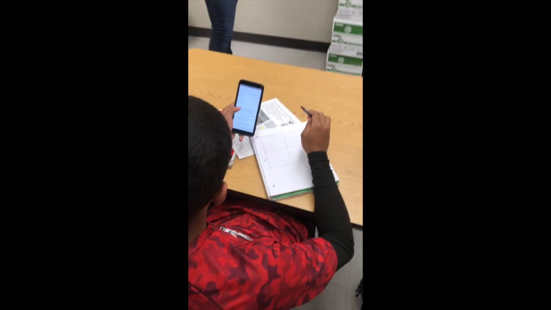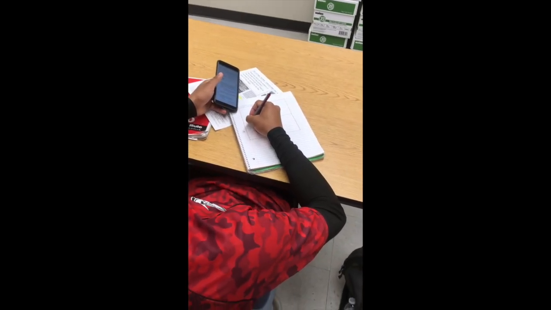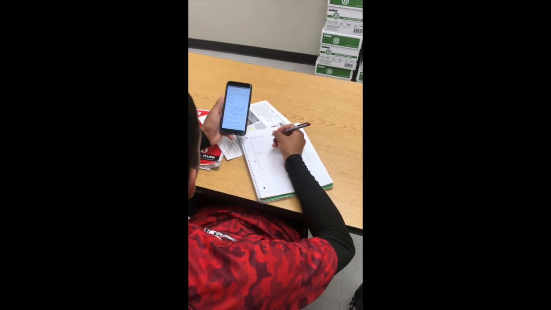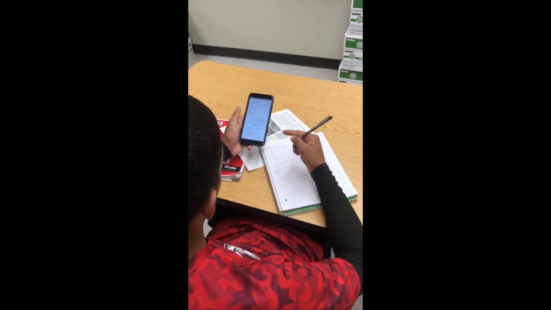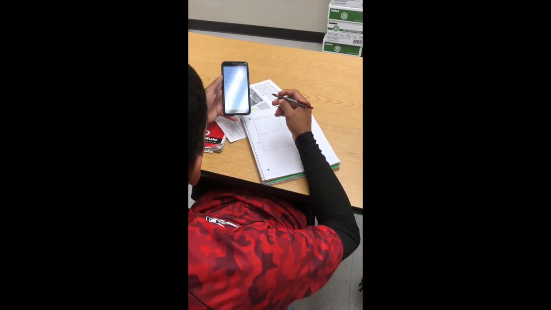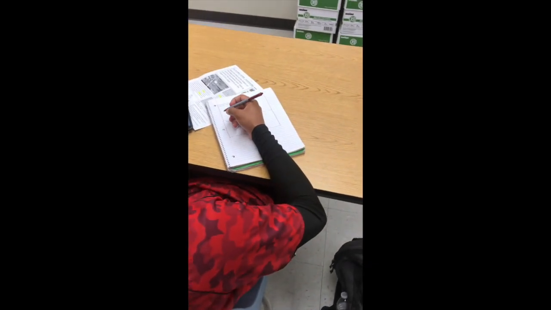Okay, so now on the bottom left corner, write definition on top. Okay, and then I want you to write the definition from the internet. The first one, right? Yes, number 1. So you can write it underneath or on the side, however you were doing it. Okay.